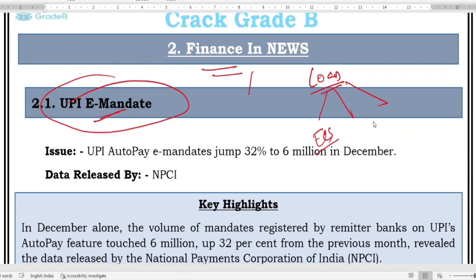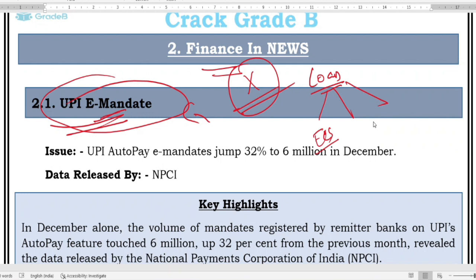But Reserve Bank of India said, stop that, no, you can't do that. So now when they cannot do, there has to be some system, right? Which will give you, me, the easy things that we used to do with the credit card. So that's UPI e-mandate. Matlab, UPI e-mandate, a mandate will come to the UPI app where you can authorize that yes, the aggregator can deduct the amount automatically.